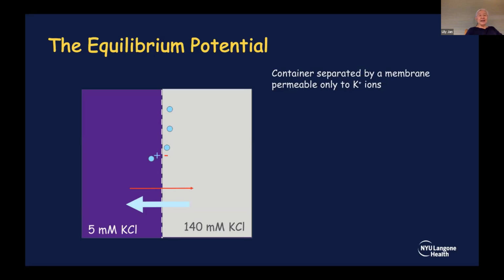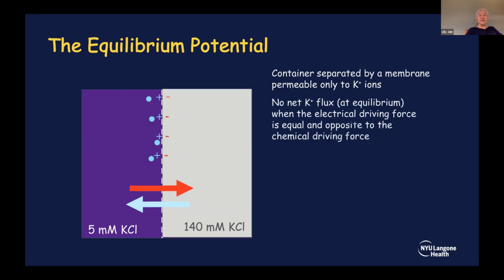right. And so with more and more potassium ions going to one side, we will have a bigger electrical potential across the membrane until the electrical driving force driving potassium to the right is equal and opposite to the chemical driving force from the concentration gradient that will drive potassium to the left.